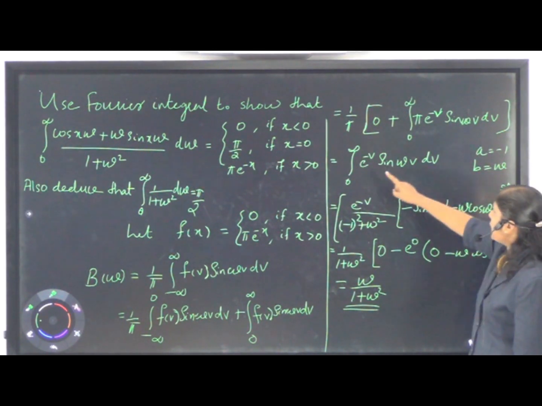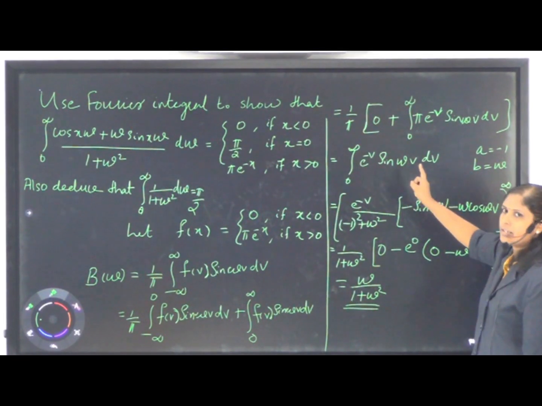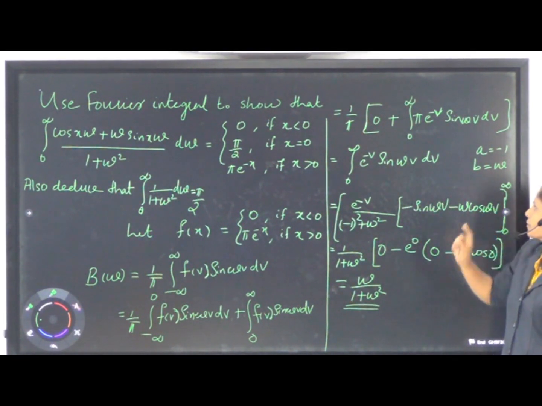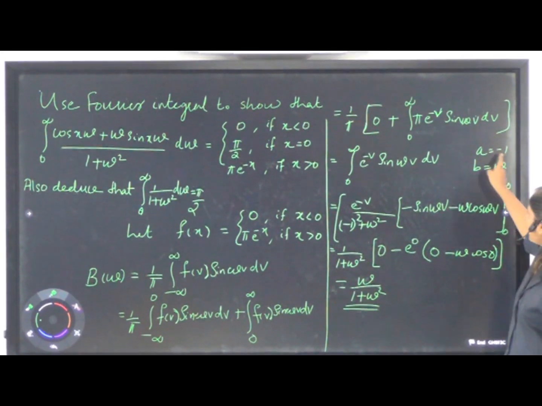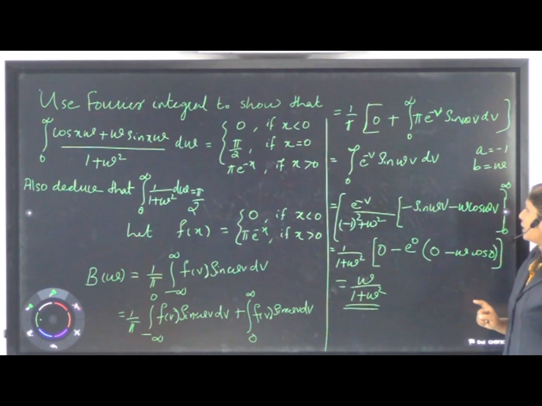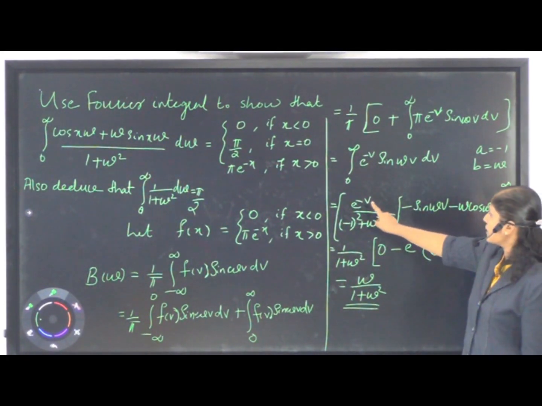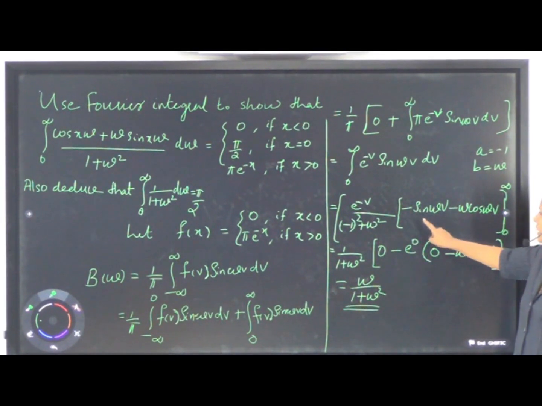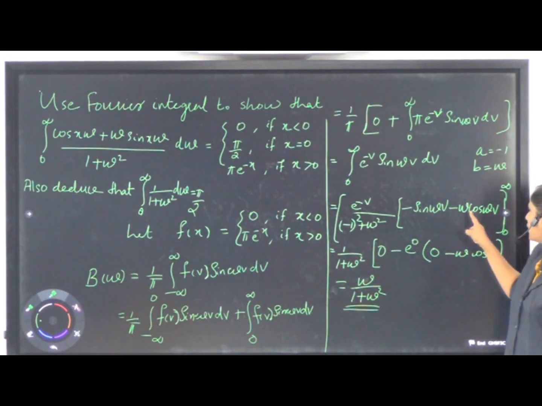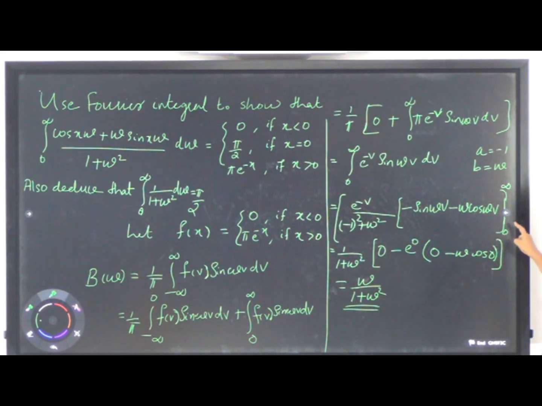This is of the form integral e raised to ax sin bx dx, that is e raised to ax by a square plus b square, a sin bx minus b cos bx. Here a is minus 1 and b is omega. That becomes e raised to minus v by 1 plus omega square, minus sin omega v minus omega cos omega v, limit 0 to infinity.